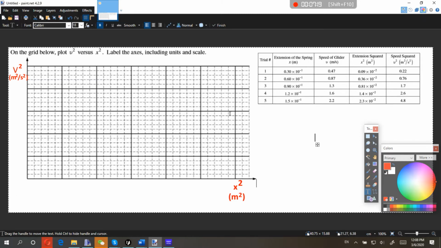Okay, I need to plot some of these points. So let's do my units roughly going from 0 to 1.5. They're all 10 to the negative first power. So I'm going to make this 0. We'll say this one maybe 0.5 by 10 to the negative first. 1 by 10 to the negative first.